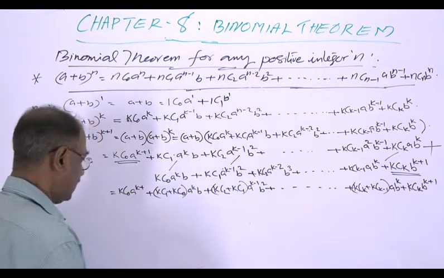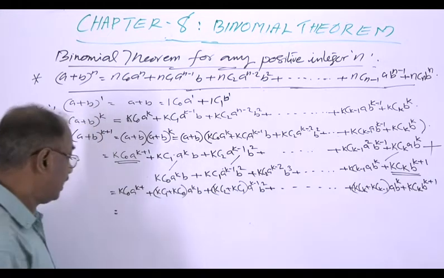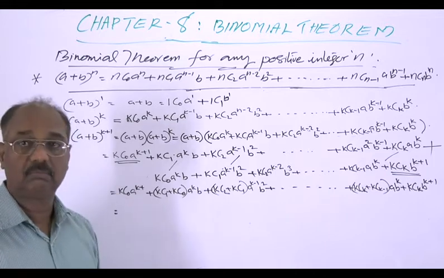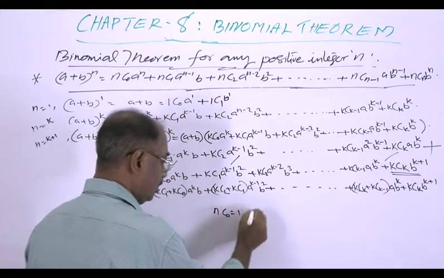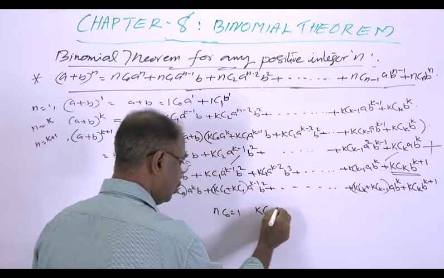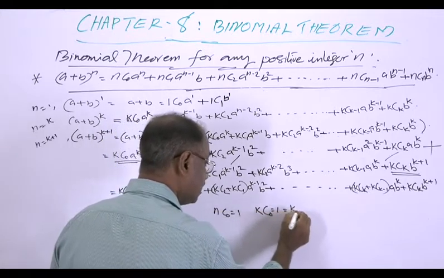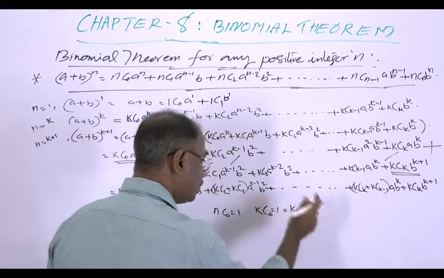And again, kC0 is equal to 1, since nC0 is equal to 1. Or this can again be written as k plus 1 C0, which is also 1.